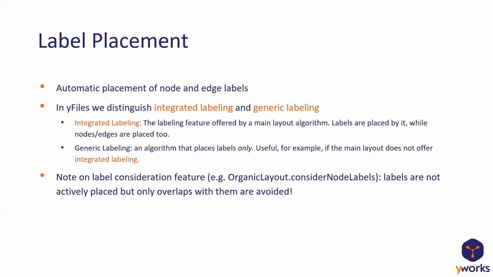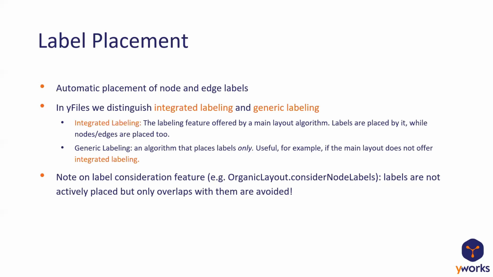Then the second concept we have is the generic labeling. The generic labeling is an algorithm itself that places labels only. So the generic labeling does not change other elements, it only places the labels. It gets the layout as it is.